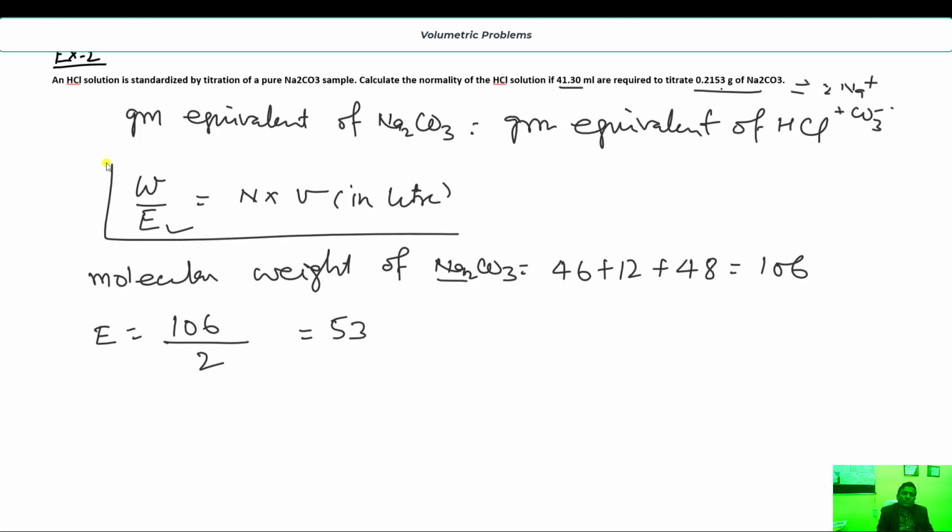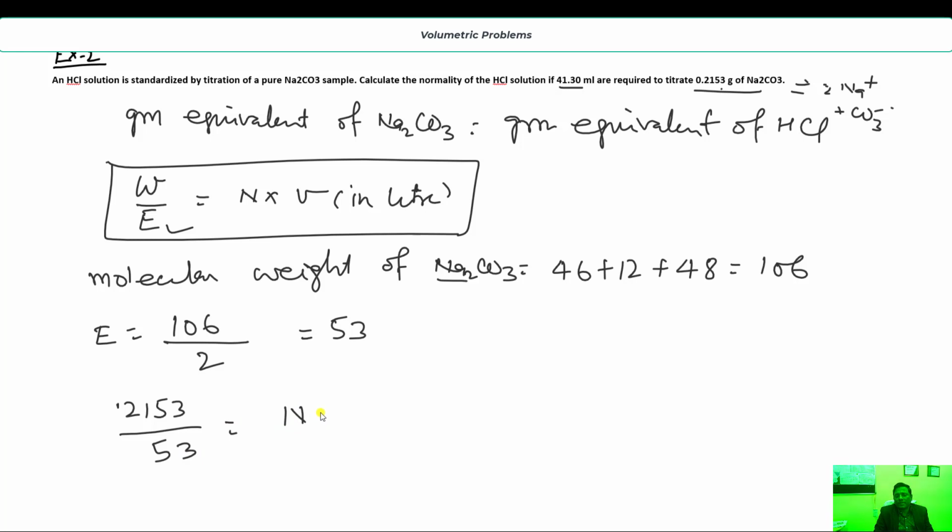Now put this value over here. W is given, 0.2153 divided by 53, is equal to normality, which is to be calculated, into volume. Volume 41.3 ml is given in ml, so we have to convert it to liter, so we have to divide by 1000.